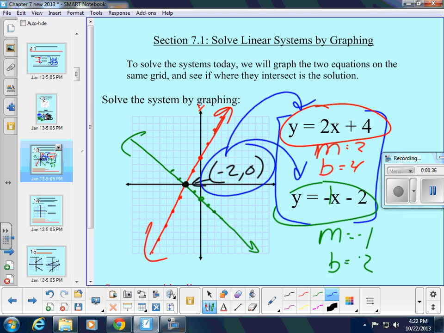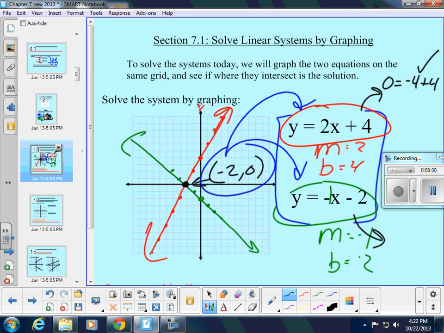If I plug -2 into this first one, if I plug 0 in for y, I'd have 0 equals 2 times -2, which is -4, plus 4. Well, -4 plus 4 is 0, so yeah, that does check out. So that makes the equation true. (-2, 0) is a solution for that first equation.